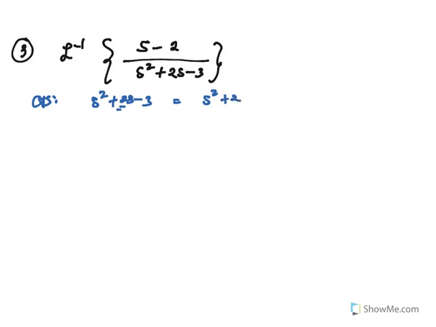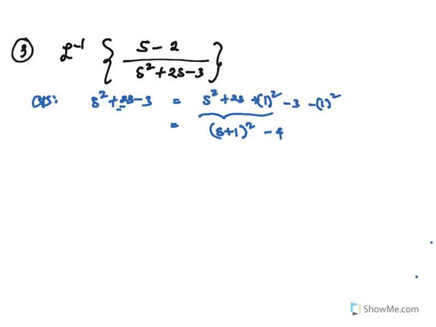So s squared plus 2s plus 1 squared, and then you have here the minus 3. If you add, then you have to subtract the same thing. So minus 1 squared. No? So you have here s squared plus 2s plus 1 is now a perfect square trinomial which can be written as s plus 1 quantity squared. And then you have here minus 3 minus 1, so you have minus 4.